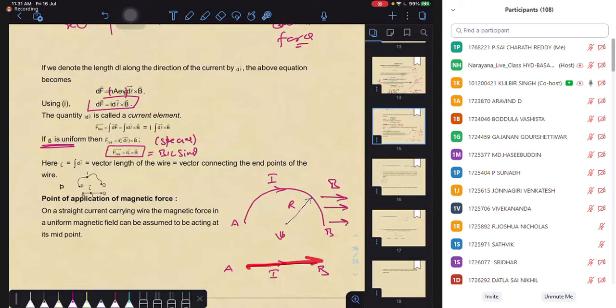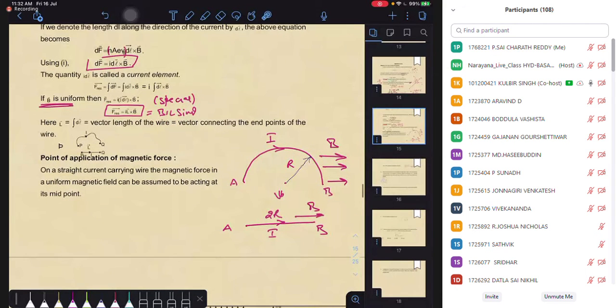Now this straight wire has a length equal to the diameter, and my force is B I l sin theta. So I can say my force is equal to I L cross B. If I open it, it will be B I L sin theta. In the sin theta, what is the angle between L and B?